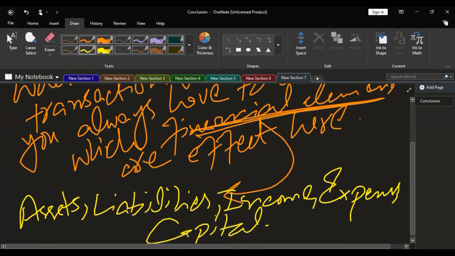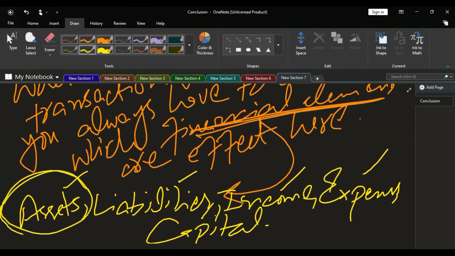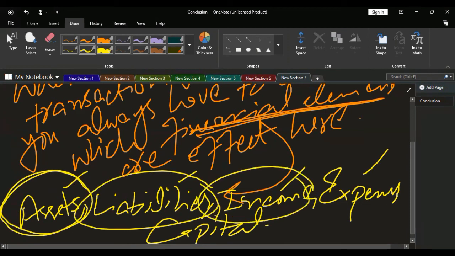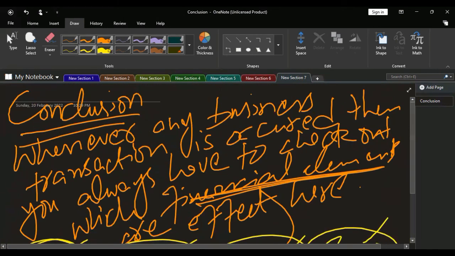So you always have to think about these five items whenever any business transaction has occurred, whether business assets have increased due to these transactions, or the liabilities have been affected, or income or expenses or the capital of a business has been affected due to this transaction.